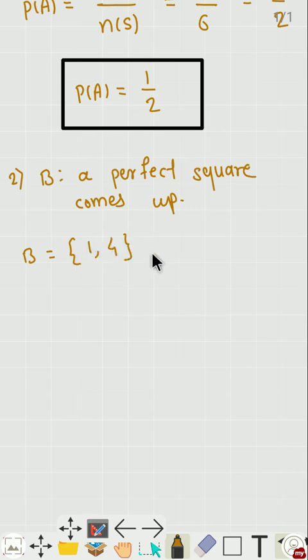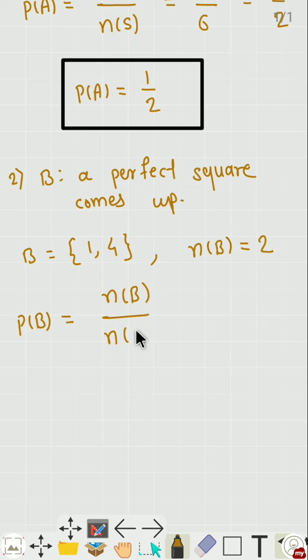Only these two numbers are perfect squares. Therefore, n of B is equal to 2, and the probability of event B is n of B divided by n of S, which is 2 divided by 6, equal to 1 upon 3. Therefore, the probability of event B is 1 upon 3.